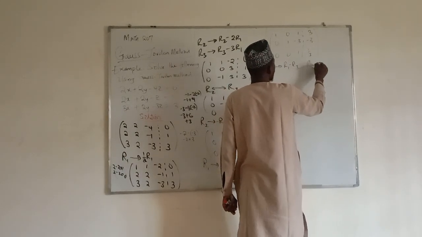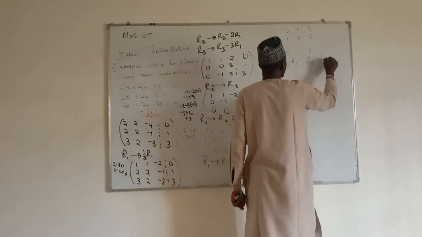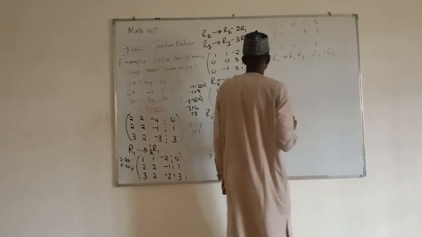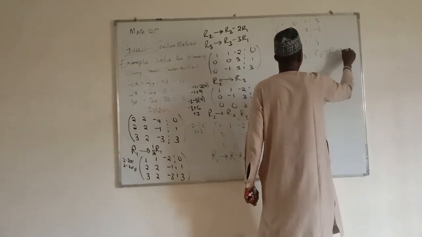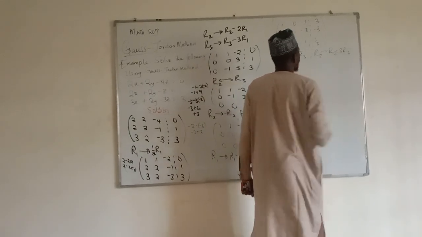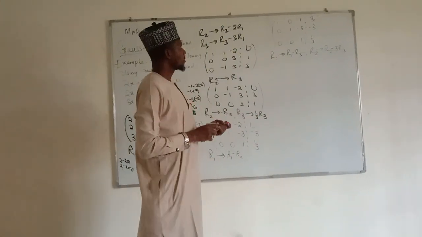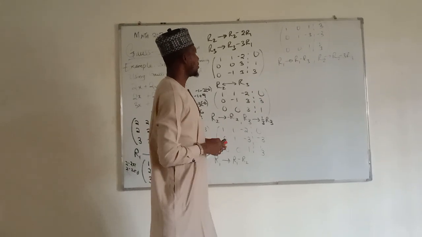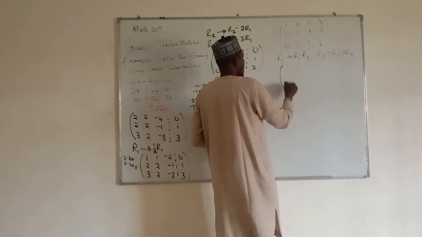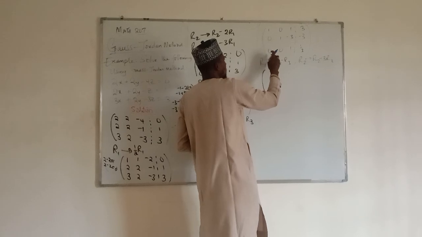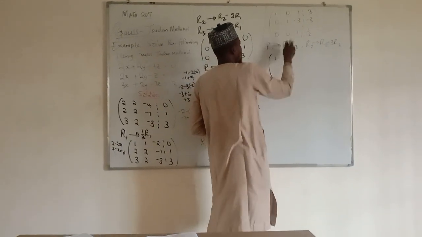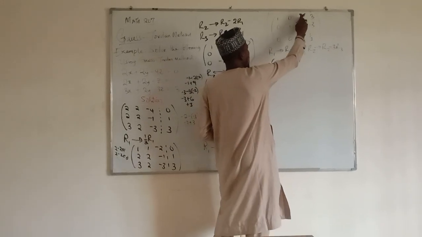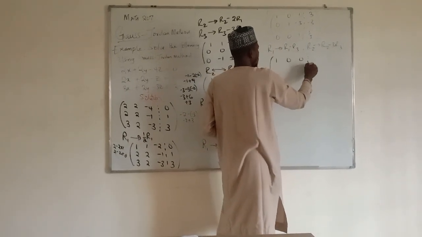So R2 is going to be R2 plus 3 R3. So we have 1 minus 0 is 1. 0 minus 0 is 0. 1 minus 1 is 0.